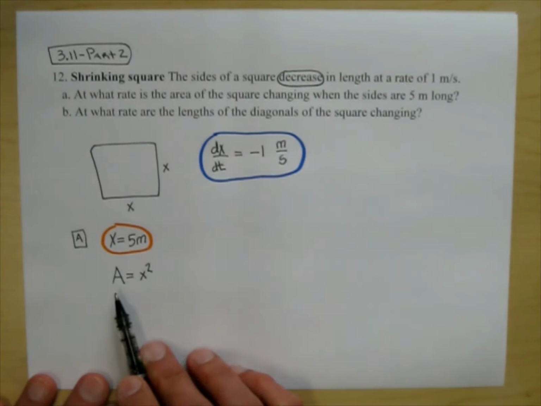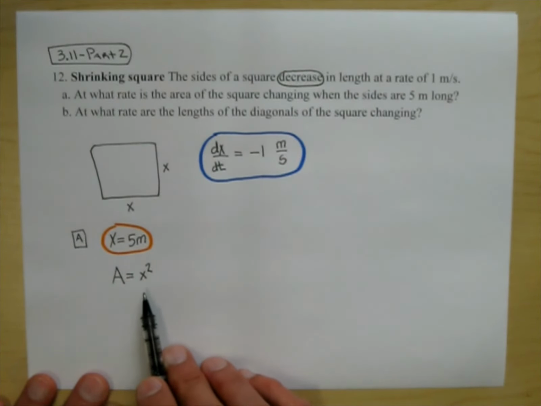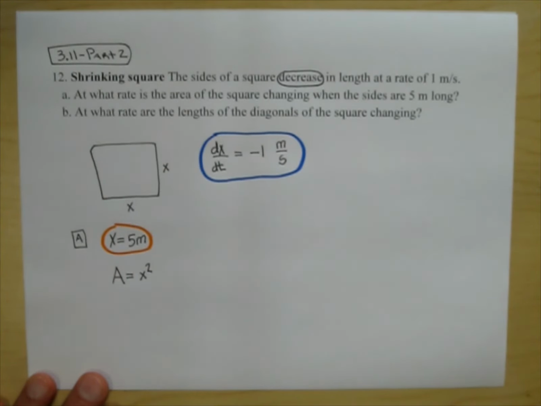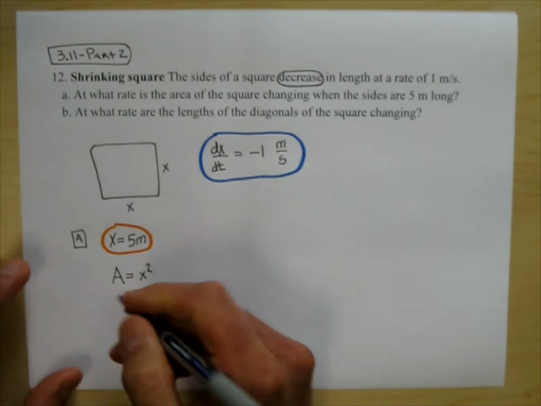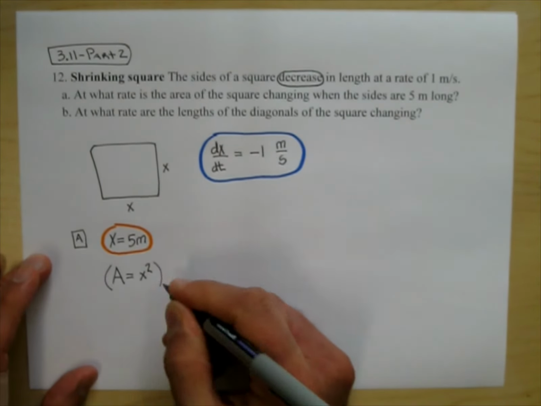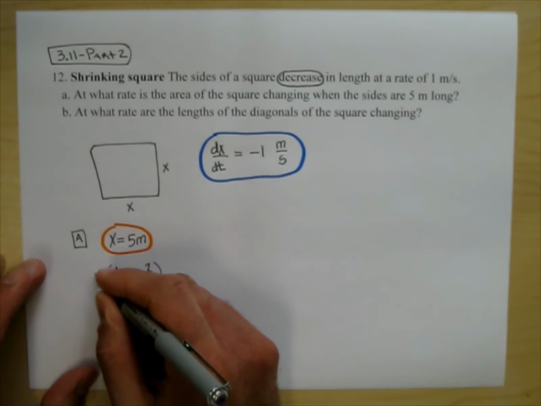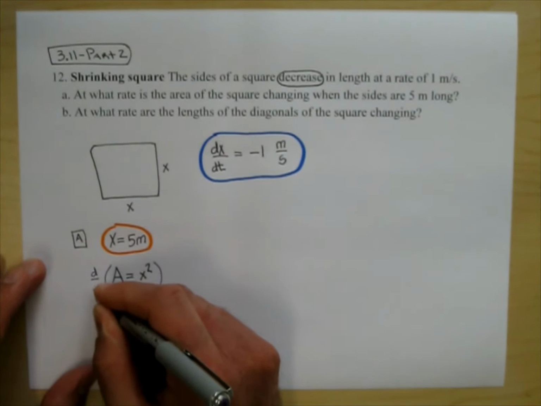Okay, so now what I want to do is take the derivative of both sides with respect to t, with respect to time, and that's what I'm going to do. So apply d/dt to both sides.